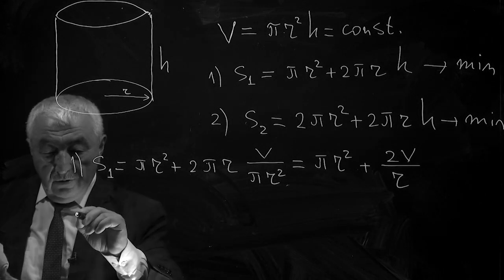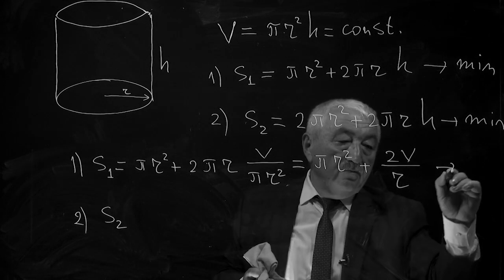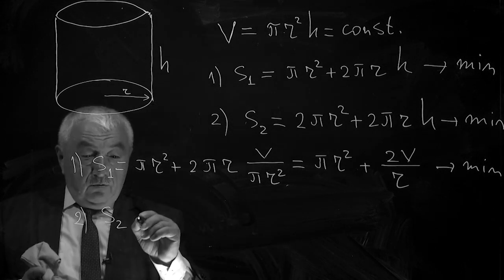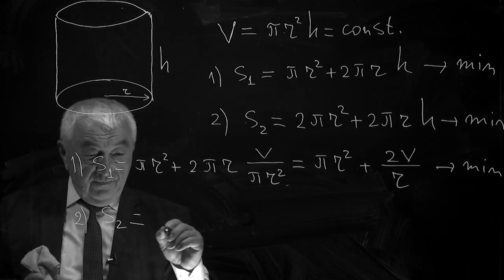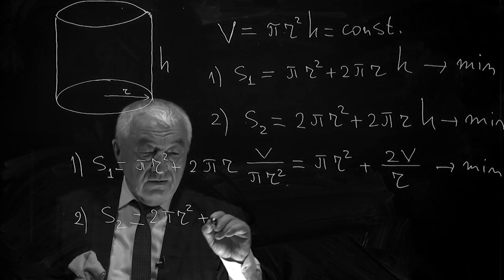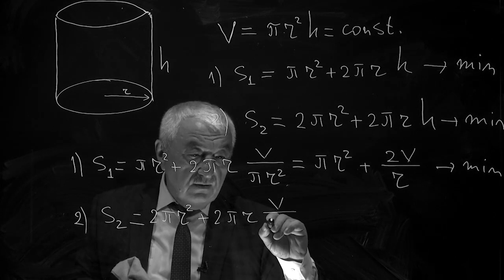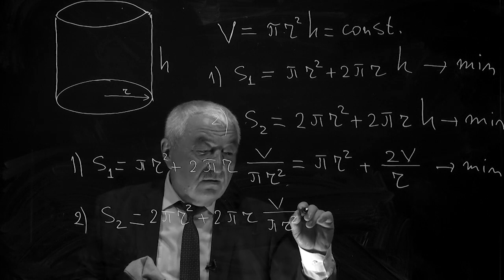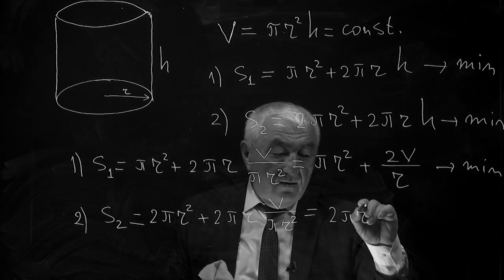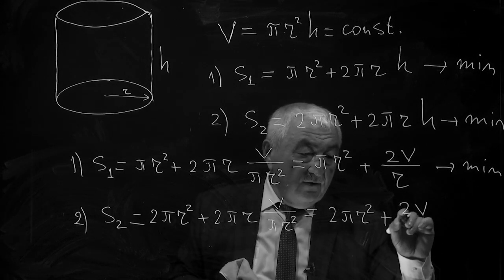The second situation, S2, minimum value. In another situation, we have 2 pi r to the second power plus 2 pi r V divided by pi r squared, which equals 2 pi r to the second power plus 2V divided by r.